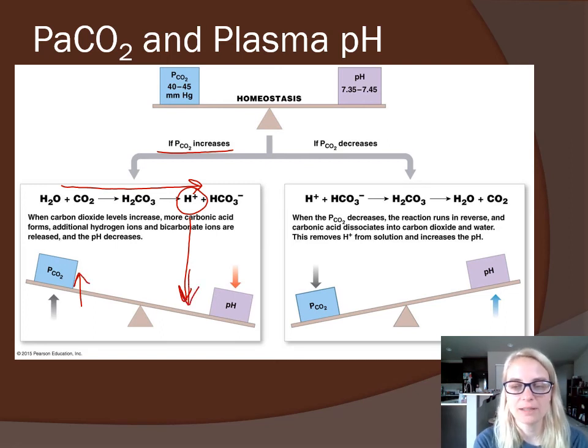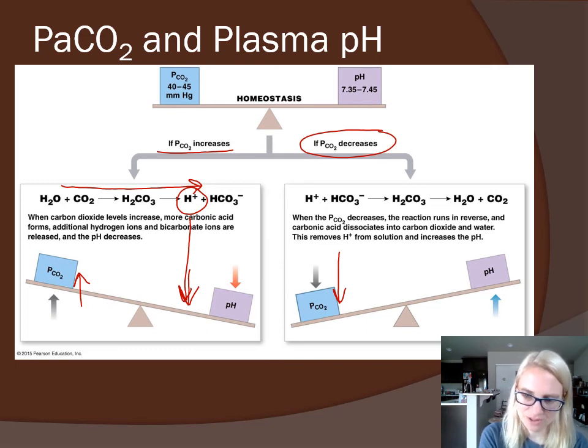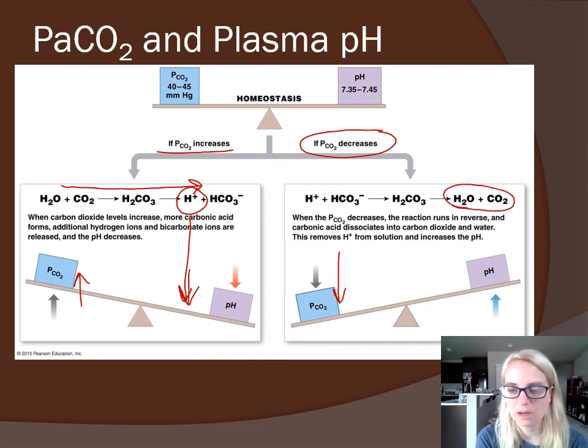On the reverse of that, if PCO2 decreases, we are going to be driving the equation in the opposite direction. I don't like that they actually drew it in the opposite way because the arrow is still going in the same direction. But if you take a look, the free-floating hydrogen is going to be bound up by the bicarb to produce carbonic acid, which then breaks apart into carbon dioxide and water to replenish that lost CO2.